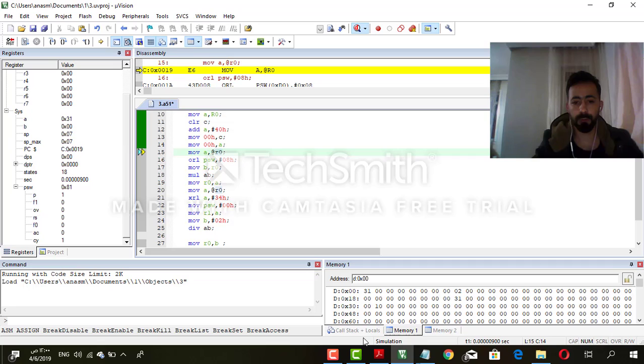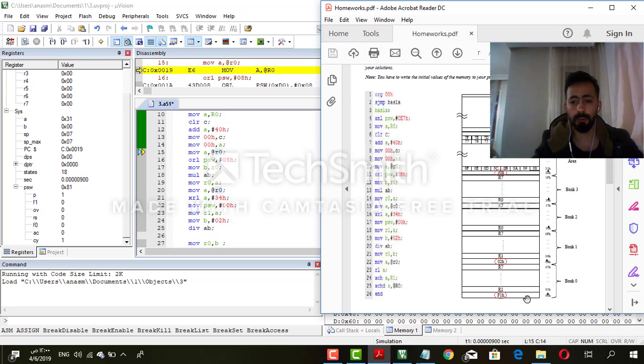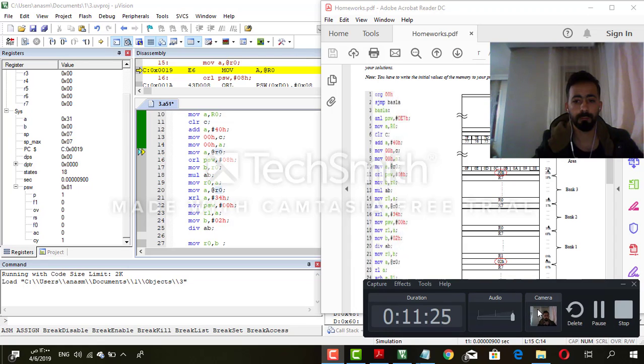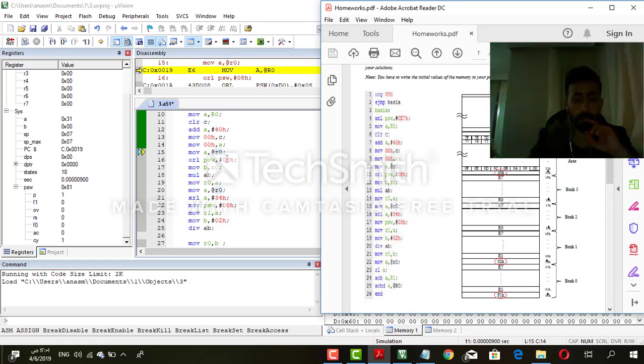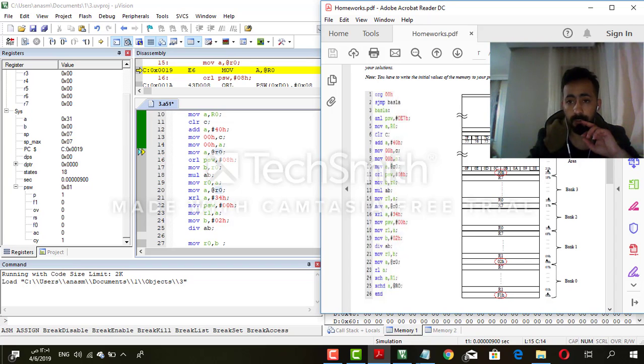As I said, the value referred to by R0 is 31. So 31 is here. The value is 10. It will be moved to the accumulator. So the answer, as we say, will be 10.